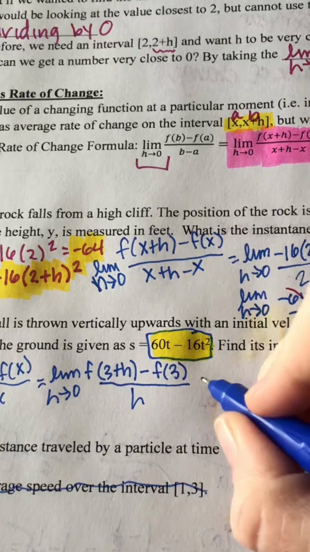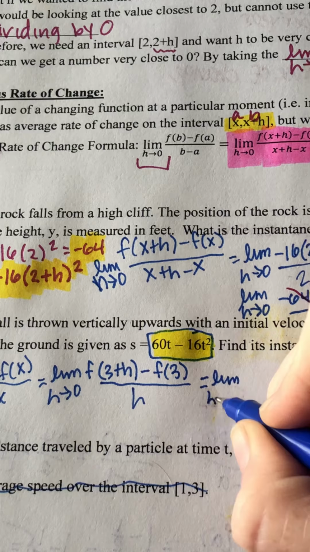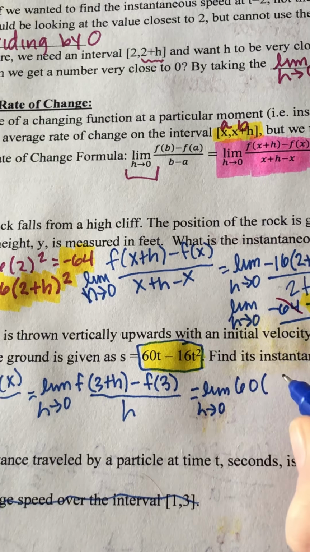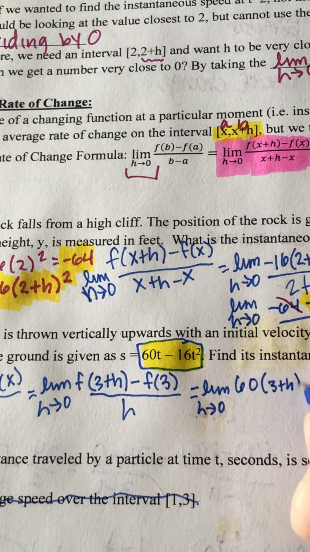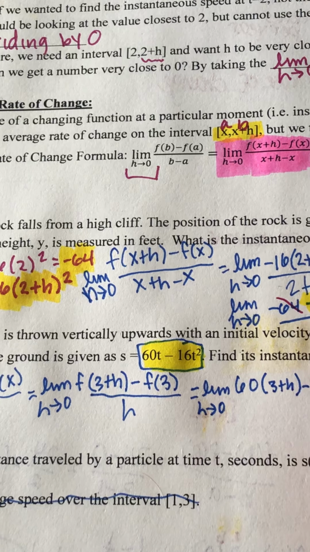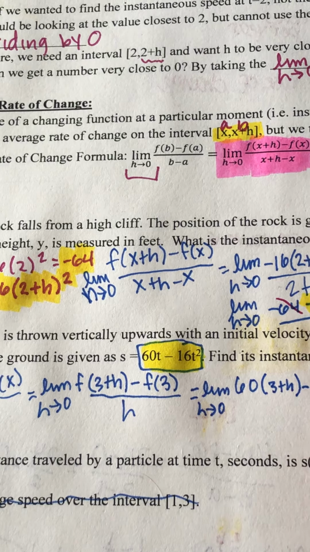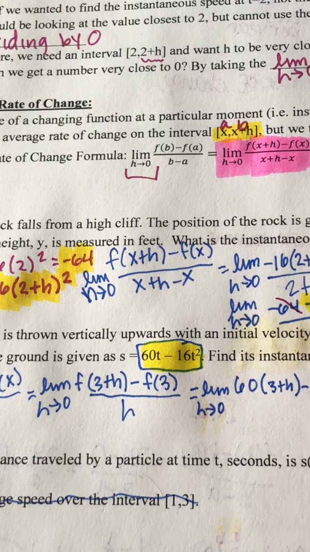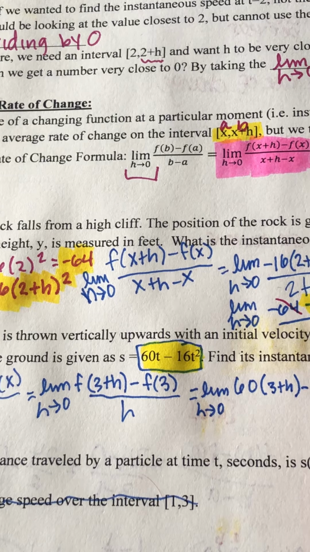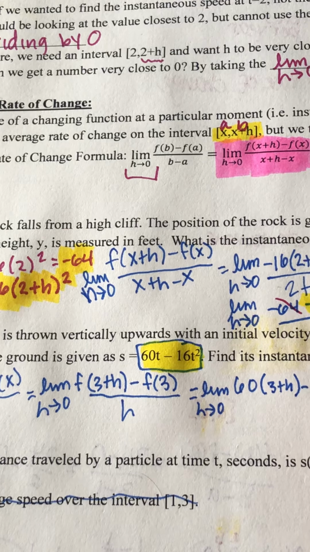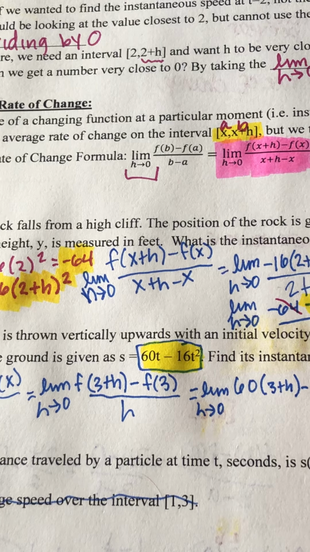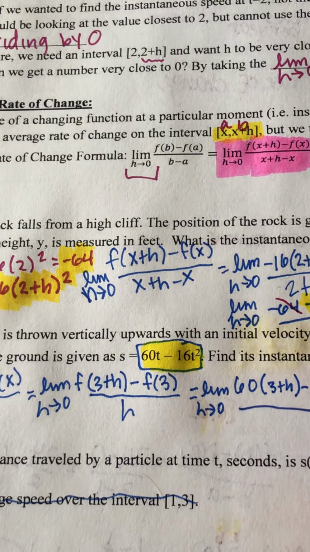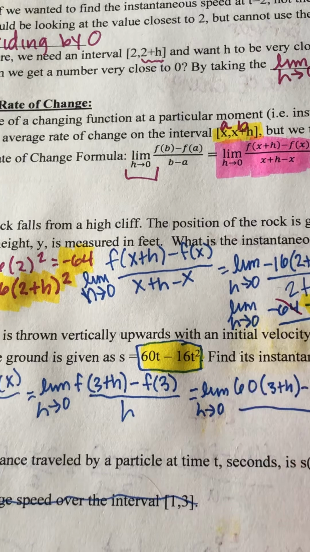So this equals the limit as h approaches 0 of 60 times 3 plus h minus 16 times 3 plus h squared, minus, then I'm going to do f of 3: 60 times 3 minus 16 times 3 squared, all over h.